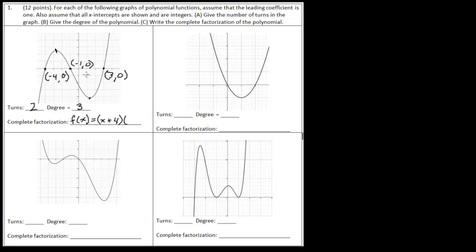The next intercept we have is -1, 0, so this would be x plus 1. And the last intercept is 3, 0, so x minus 3. That's our complete factorization.